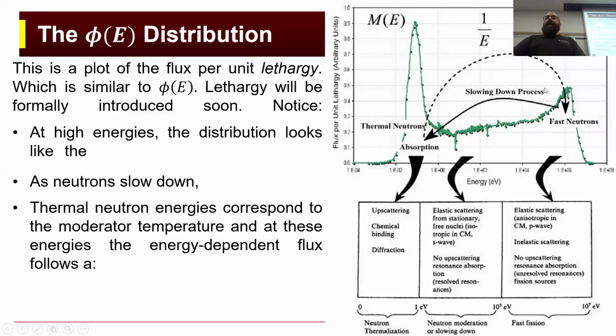And notice that at high energies, this is where most of my neutrons are born fast, and the birth of my fast neutrons is based on the fission spectrum. So at high energies, this energy distribution looks like the fission spectrum, which is my chi of E.